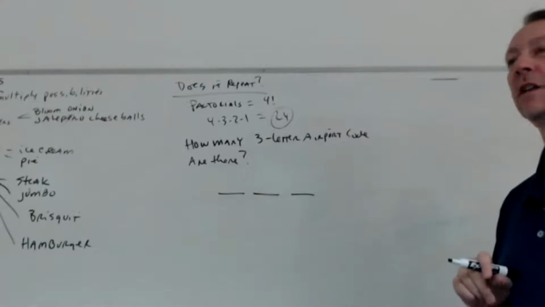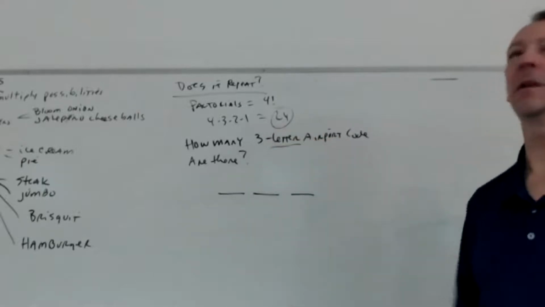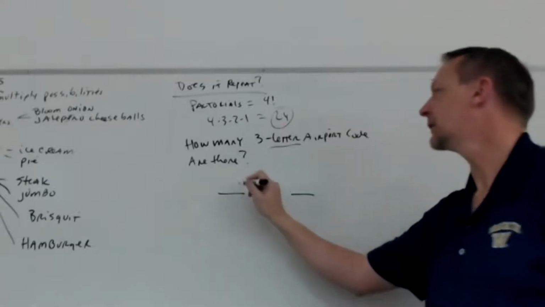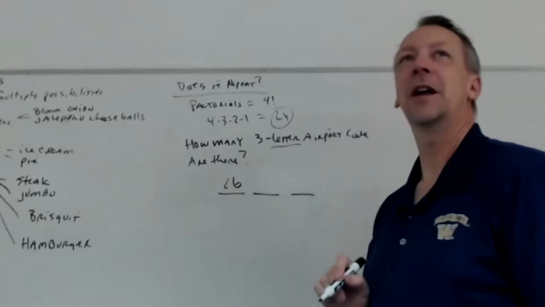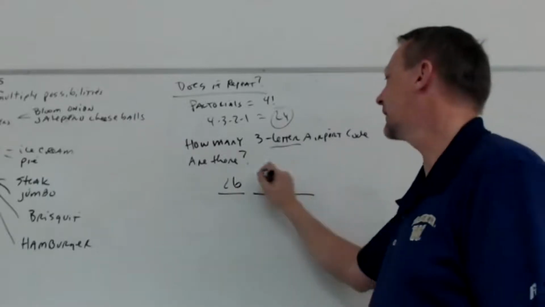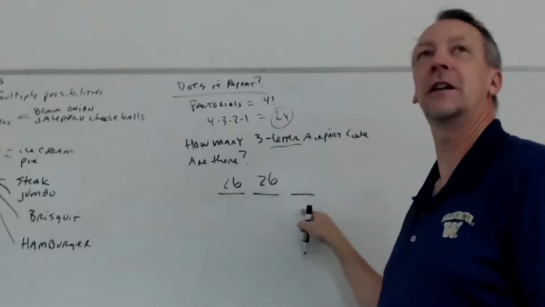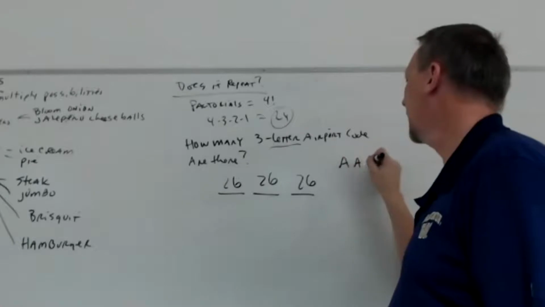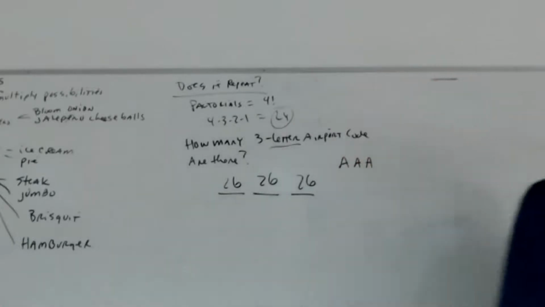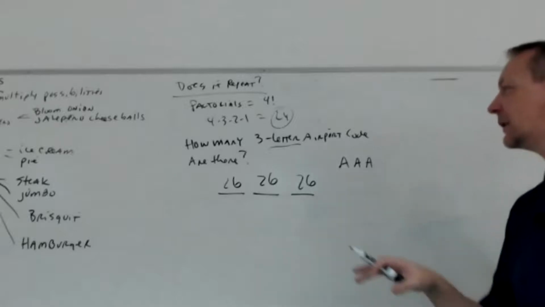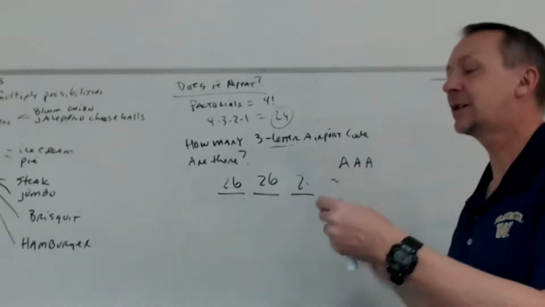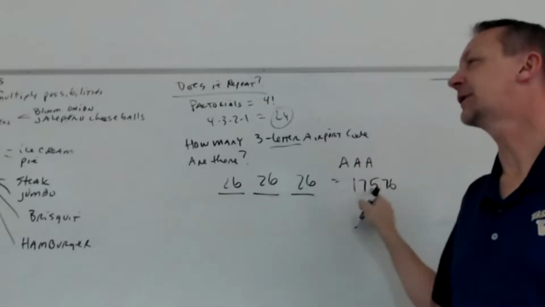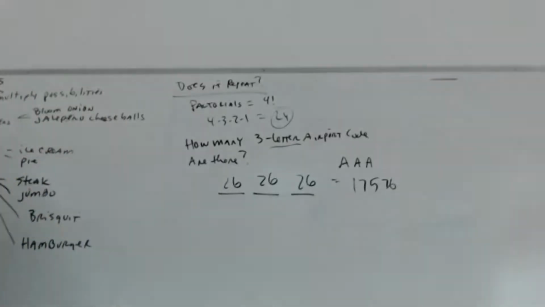If I'm using letters, how many choices do I have for the first letter? 26. How many for the second letter? I still have 26, right? And the third letter? 26. This assumes that I can have an airport code of AAA. So 26 times 26 times 26 equals 17,576. That's just the multiplication rule again that we just learned.